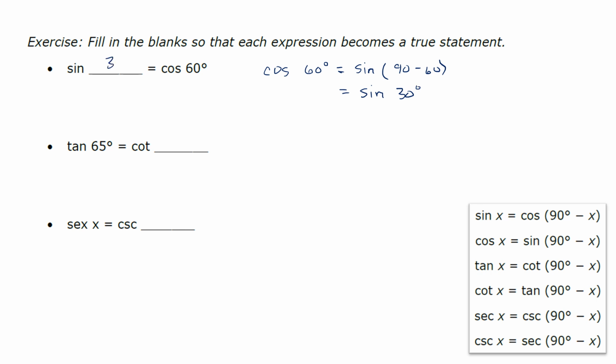So this would be 30 degrees. Tan 65 degrees equals the cotangent of what degree? Well, tan and cotangent are cofunctions. So the tan of 65 degrees equals the cotangent of 90 minus 65, which simplifies to the cotangent of 25 degrees.